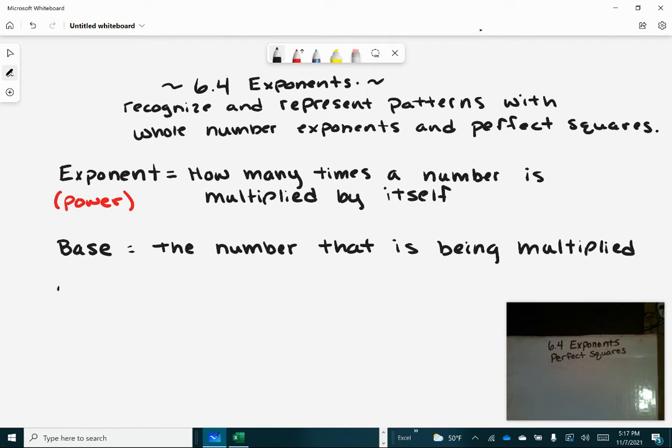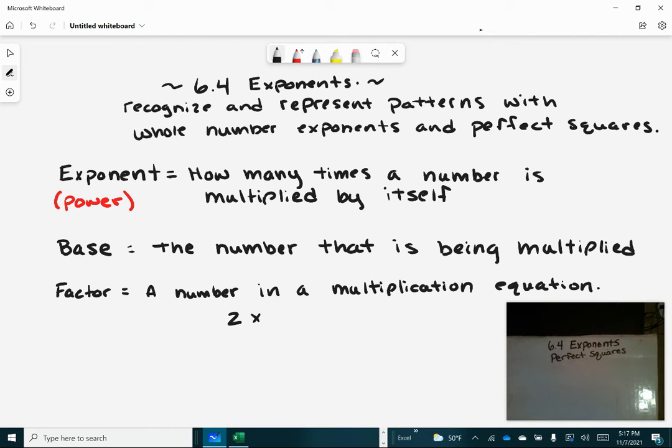And then we also have this word factor, which a factor is part of a multiplication problem. So it's one of the numbers in a multiplication equation, like 2 times 4. 2 and 4 are factors. 8 is the product.